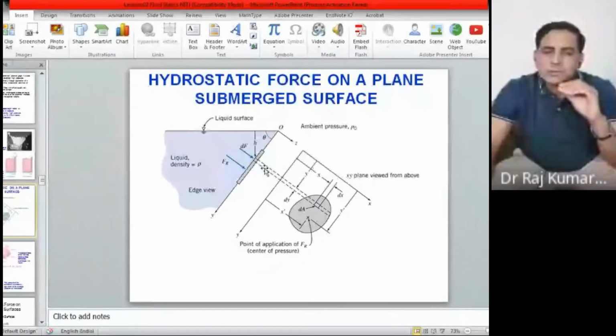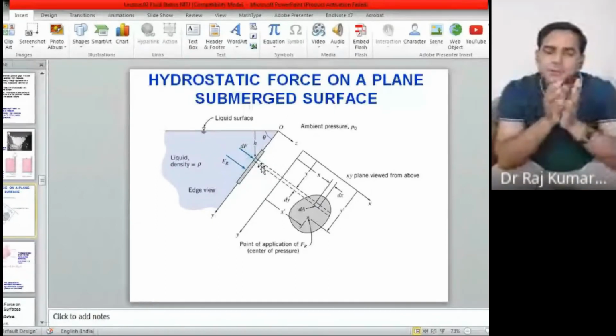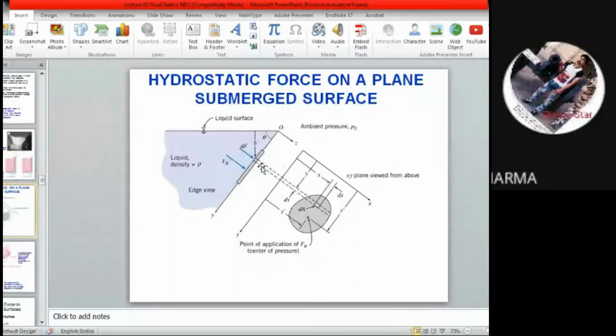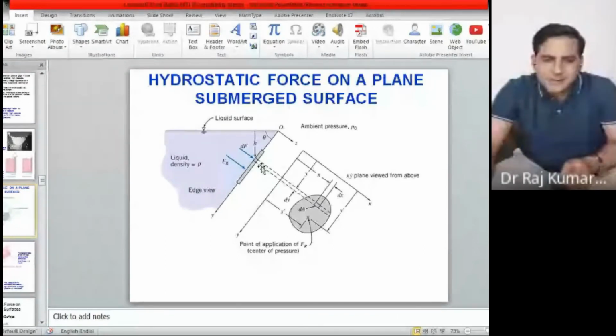So now you want to calculate the force on this segment. How much would be the force on this side? You have to multiply pressure by the differential area, yes or no? The differential area of this projected strip is this.